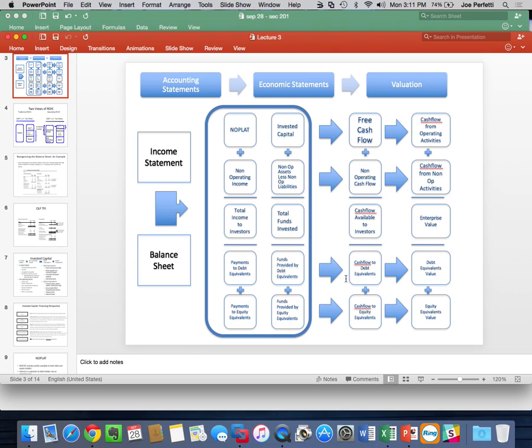Probably only 2. That's right. You can only create 2 because you need the change in the balance sheet. So you'll create 3 years of TII, you would create 3 years of TFI, but you would only create 2 years of CFI.